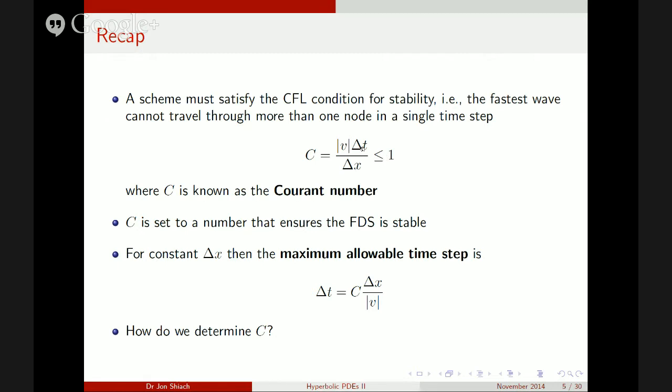In other words, velocity times delta t is how far that wave has travelled over one time step. Multiplying both sides by delta x, we write it in this form and say that this is equal to c, which is known as the Courant number. The Courant number is the velocity multiplied by delta t divided by delta x, and it has got to be less than 1 to satisfy the CFL condition.